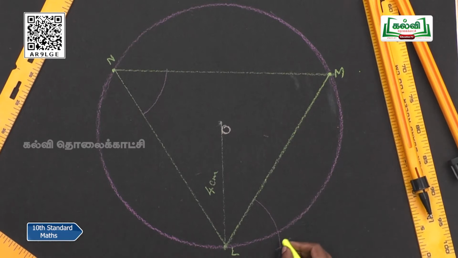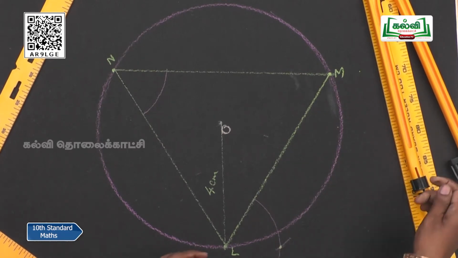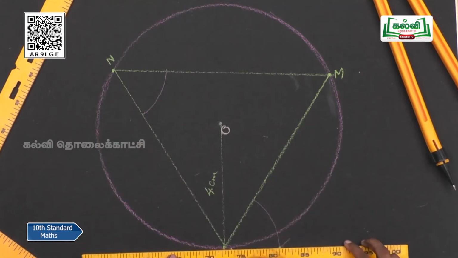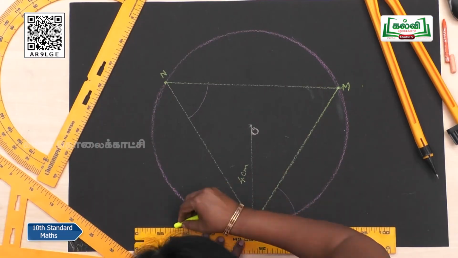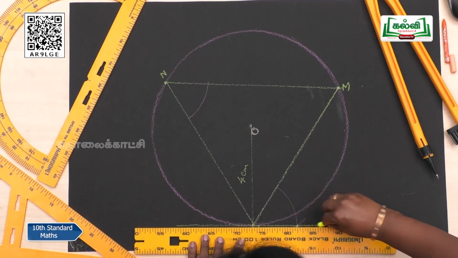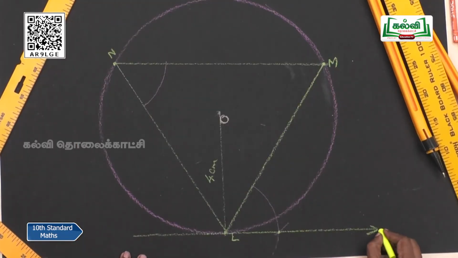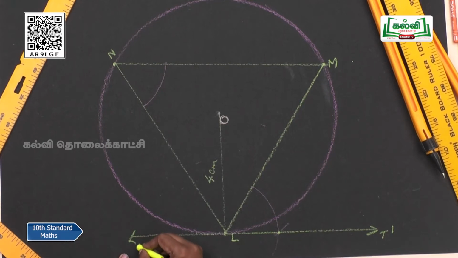Now, you get a point like this. You join it, and that will be the tangent for you. Now this is T dash and this is T.